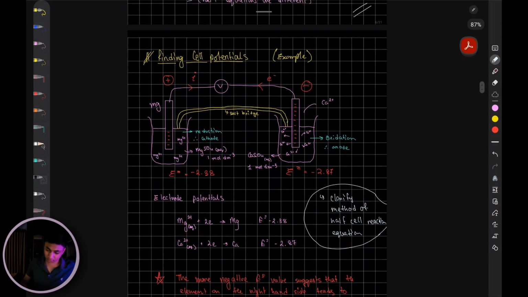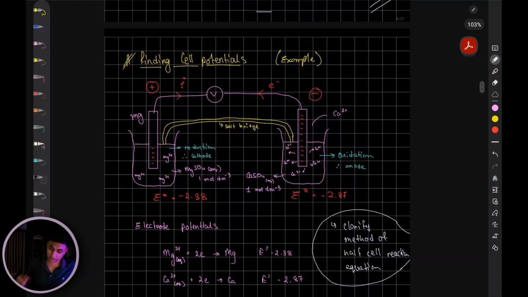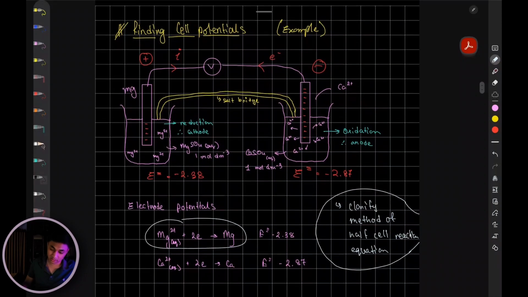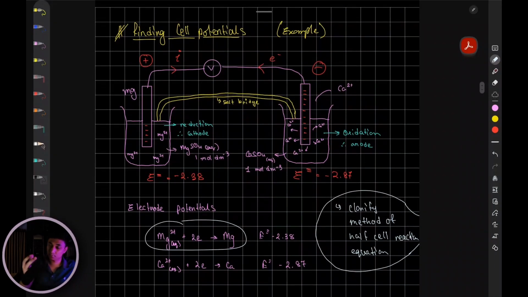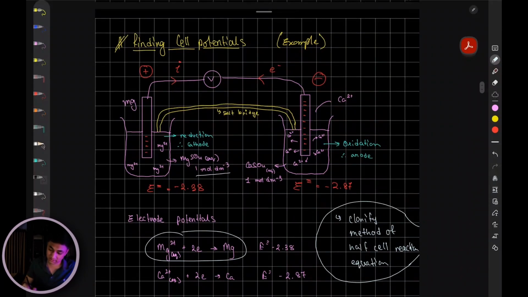Fair enough. So I'll first explain the setup of this entire electrochemical cell. On the left hand side, you have a magnesium ion half cell. That is this reaction, this half equation. You have an electrode made up of magnesium metal. In the solution, you have 1 mole per dm cube of magnesium ions. How can you bring 1 mole per dm cube of magnesium ions?